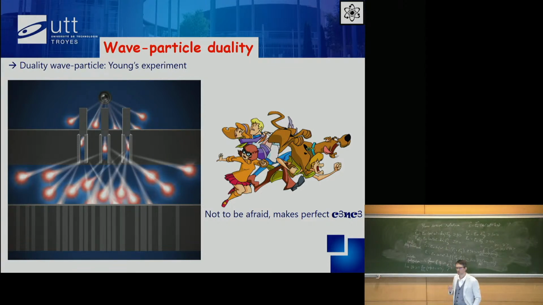So in general, quantum mechanics tells you that a photon, a crystal, you, me, anything, has actually both characters, a wave and a particle character.